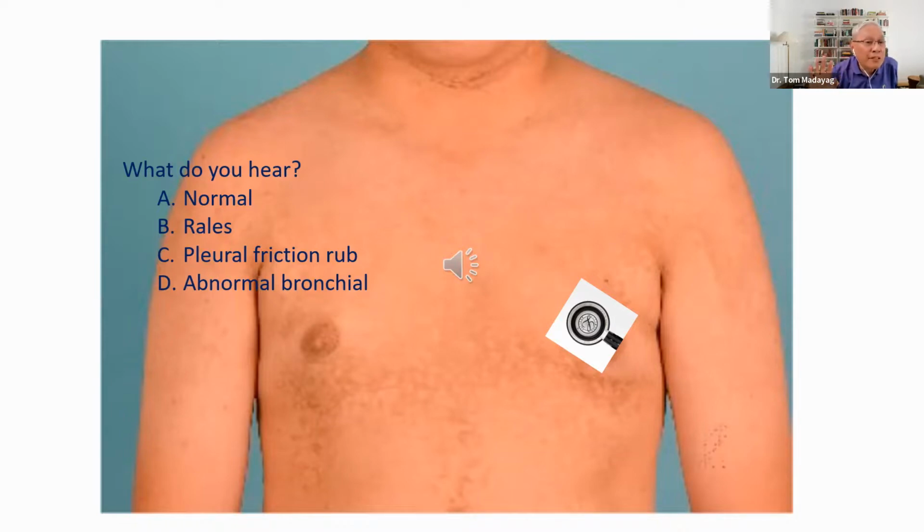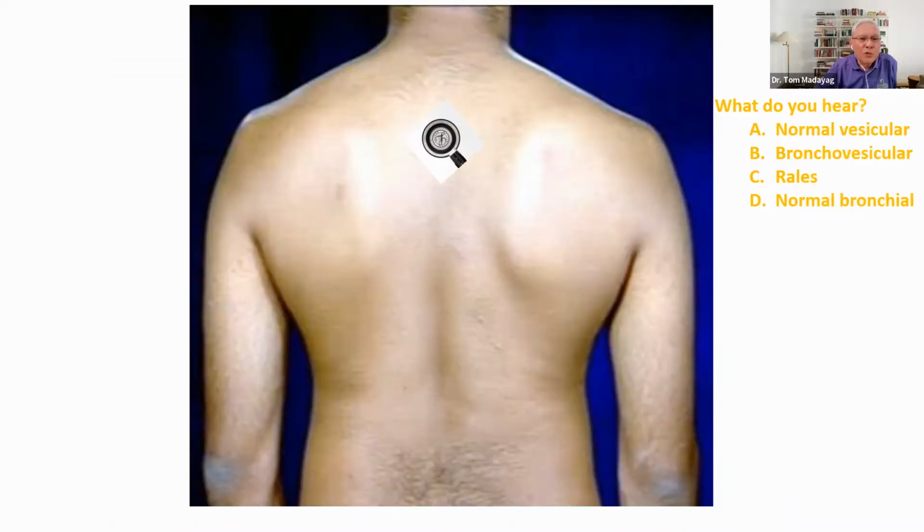But how can you make the difference between this rub or perhaps a rale? What can you do to differentiate the two? Aha. See, the presence of pain. Very good. So if you answered pleural friction rub, you're correct. Rale, you're also correct because they sound the same. But the clue here is if this finding is associated with pain, then it would be a pleural friction rub. Let's go to another one.